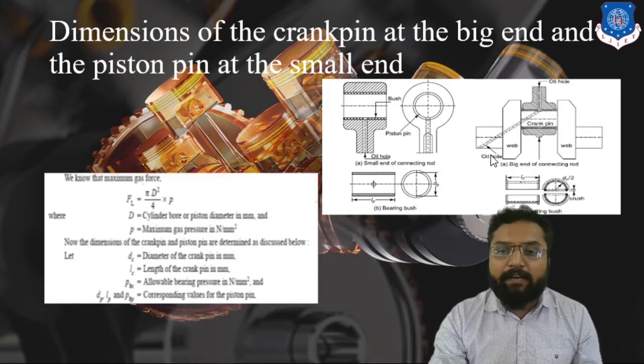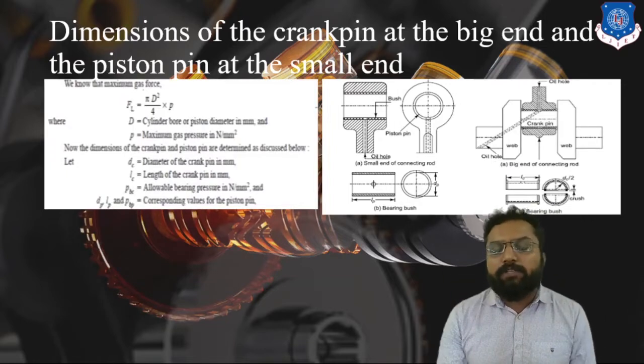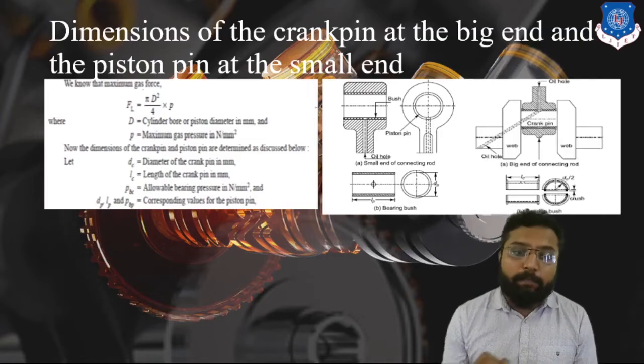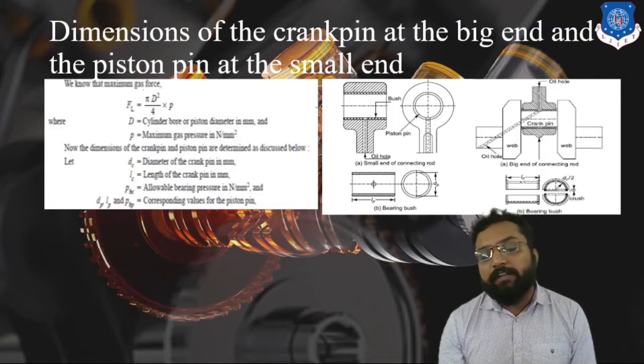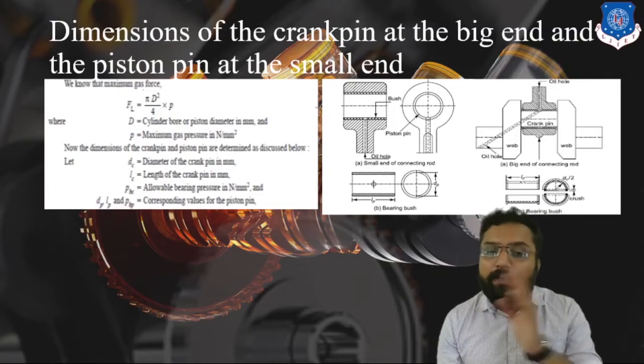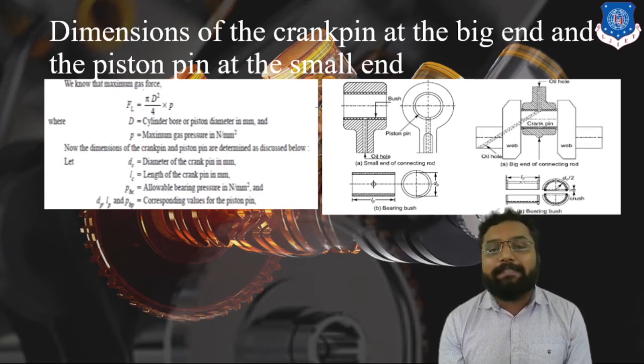So our design will depend on this crank pin design. So let's consider the design of this crank pin. Before getting into this, we should understand that the force exerted by gas pressure will directly affect the design of the crank pin and big end, and at the small end, the piston pin and crank pin. So for that we have to determine this gas pressure.